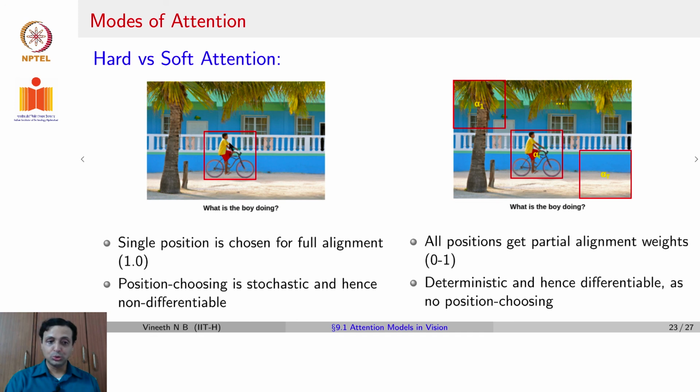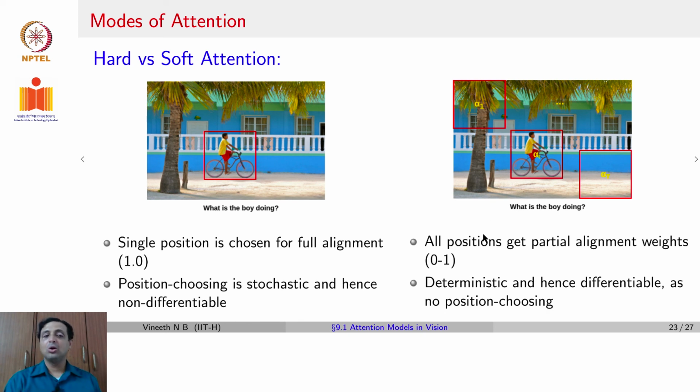So this choosing of a position could end up becoming a stochastic sampling problem, and hence one may not be able to backpropagate through such a hard attention problem because that stochastic sampling step could be non-differentiable. We will see this in more detail in the next lecture.